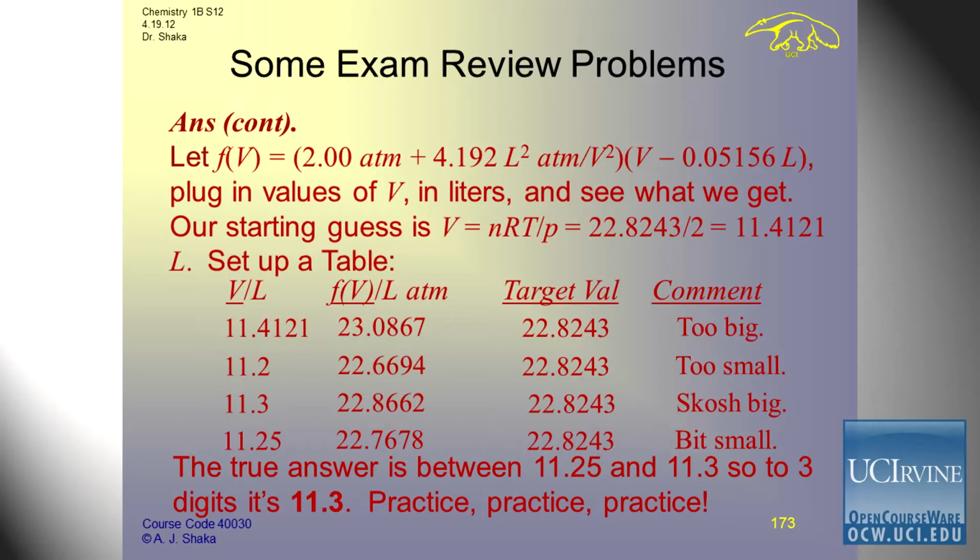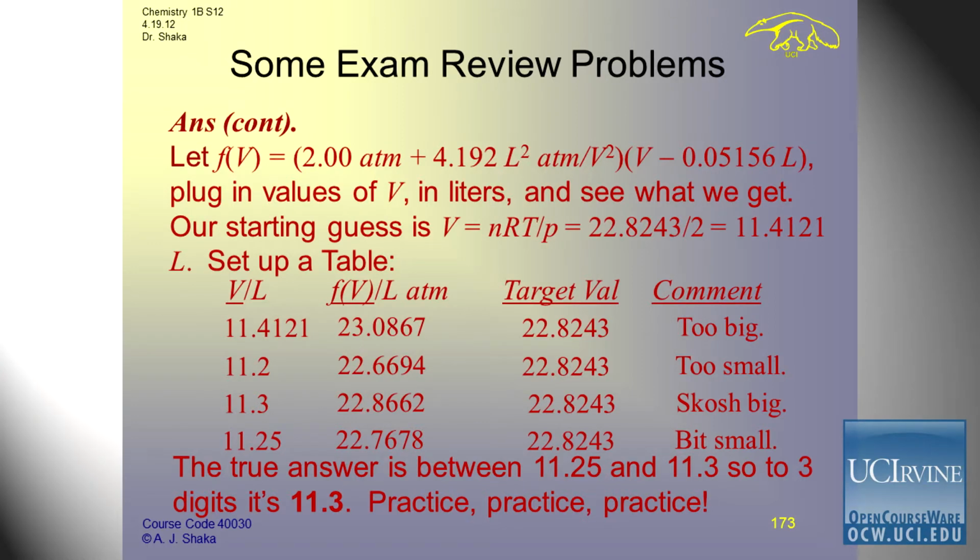11.4121 liters. So we set up a table, okay, where this is the volume in liters, this is the function of volume in liters ATM, our target value, which should be 11.4121, and then our little comment on that value. So when we do the ideal gas law, we have 11.4121, or excuse me, the target value is 22.82.